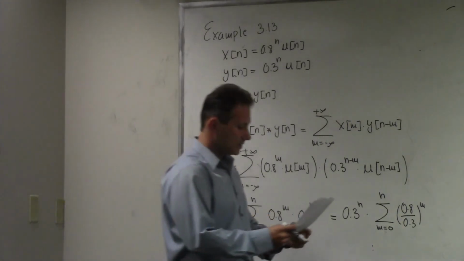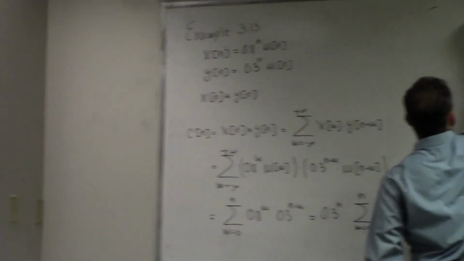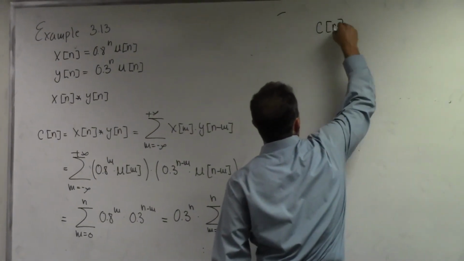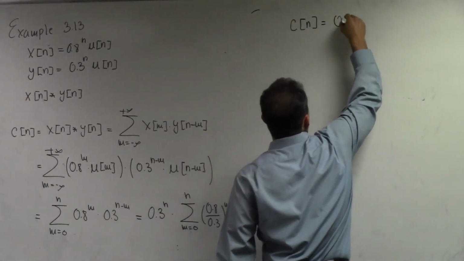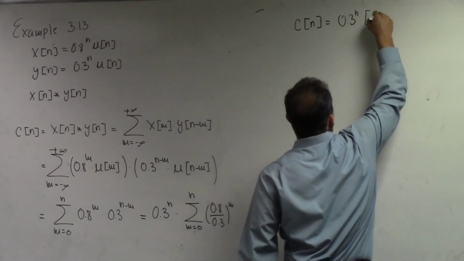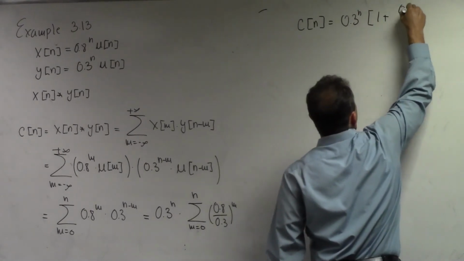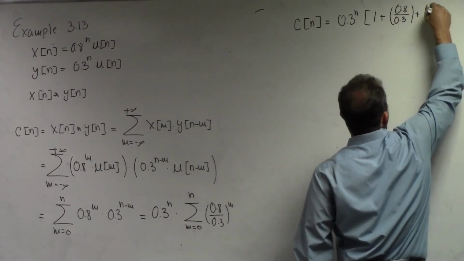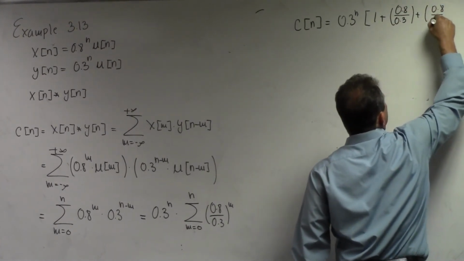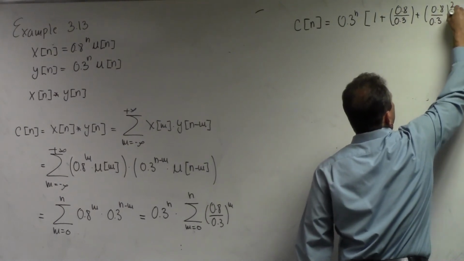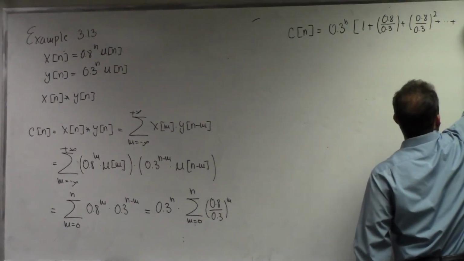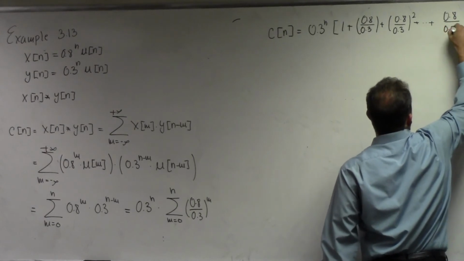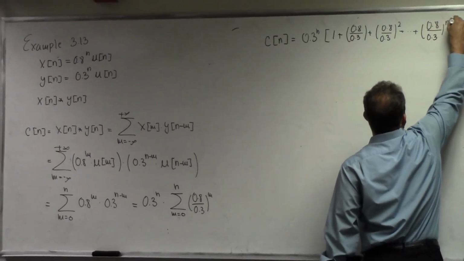Now let me expand this a little bit so that we understand what this entails. This is 0.3 to the power of n times 1 plus 0.8 over 0.3 plus 0.8 over 0.3 squared plus and so on, plus 0.8 over 0.3 to the n.